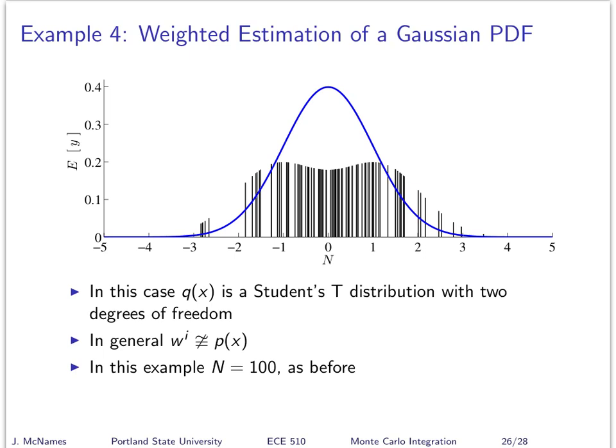this is more representative of what we're going to be working with. In this case, I drew the random numbers from a student's t distribution with 2 degrees of freedom. And all you really need to know about that is that it's a flatter distribution with heavier tails than the Gaussian distribution.